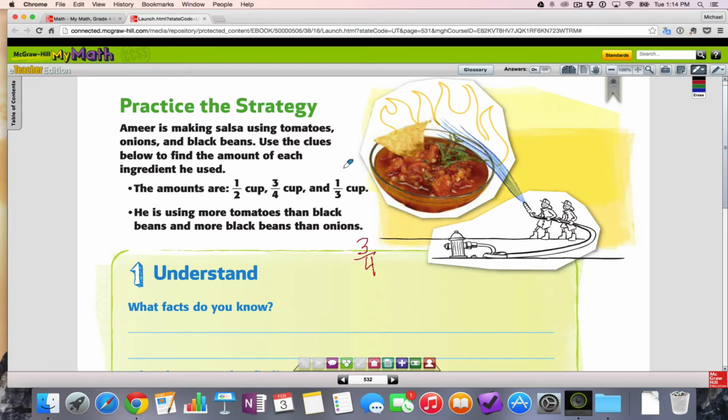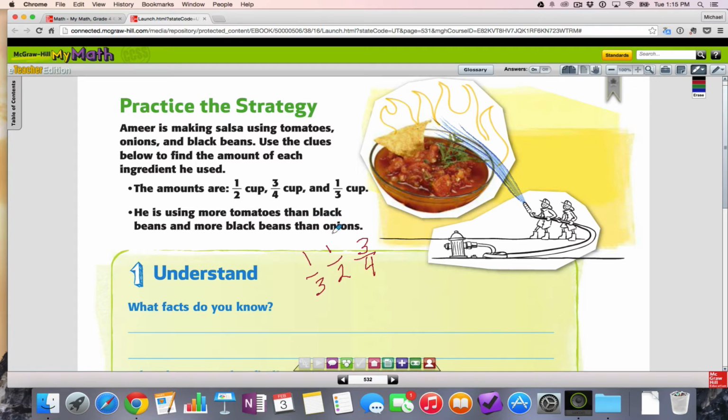And 1/3 and 1/2 have common numerators, so 1/2 is cut into less pieces, so the pieces would be bigger, so that would be our middle number, and 1/3 is our smallest number. So he is using more tomatoes than black beans and more black beans than onions.